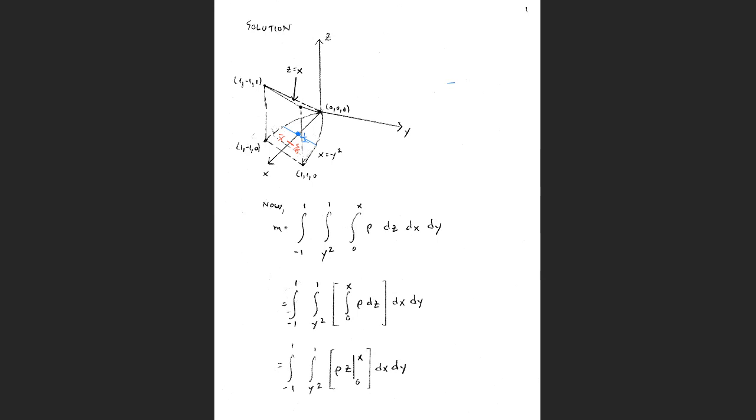Now, what about Z bar? So that's why X bar is equal to 5/7. While we're at it, what about Z bar? We know Y bar equals 0, but what about Z bar?